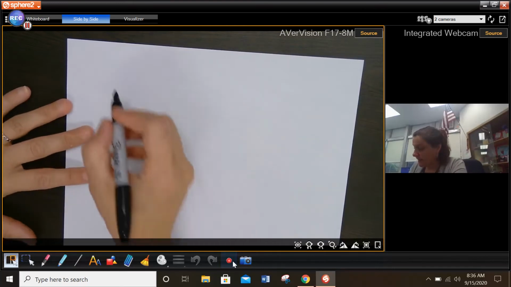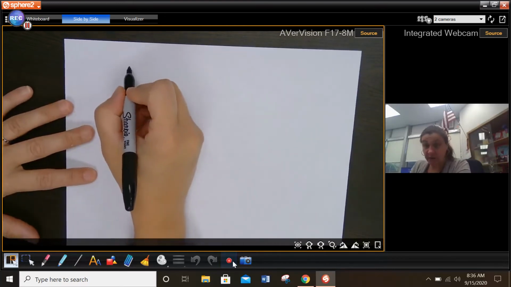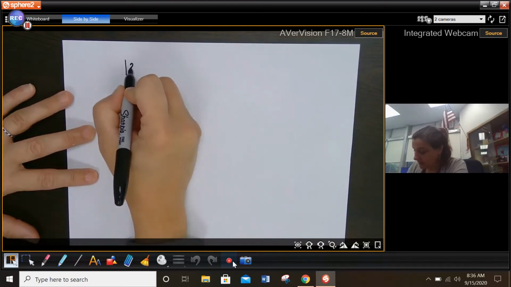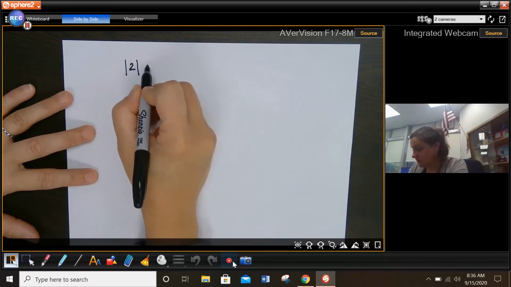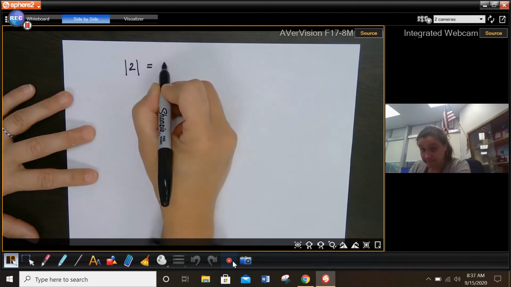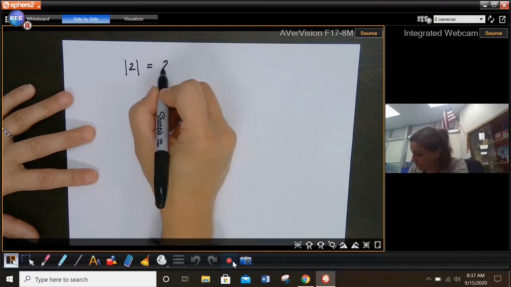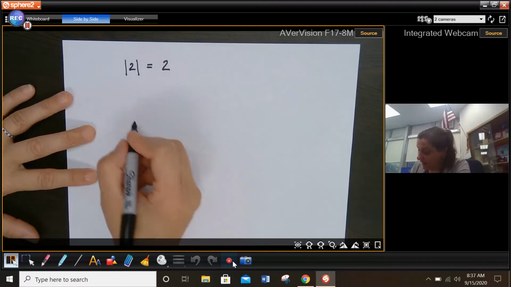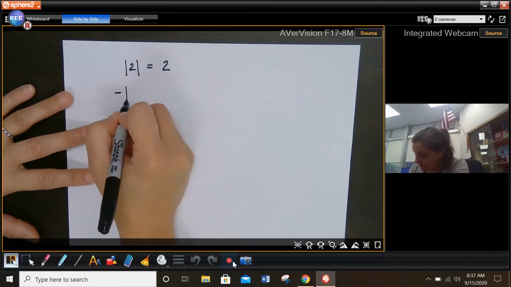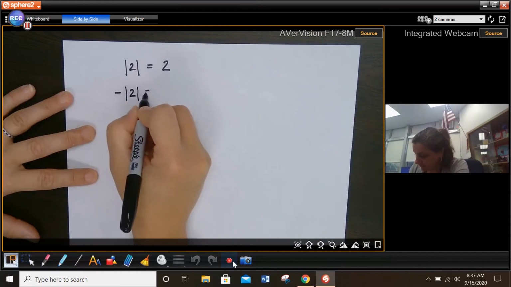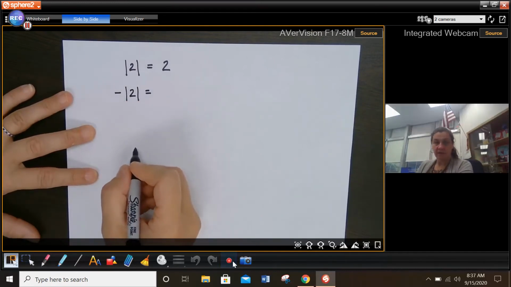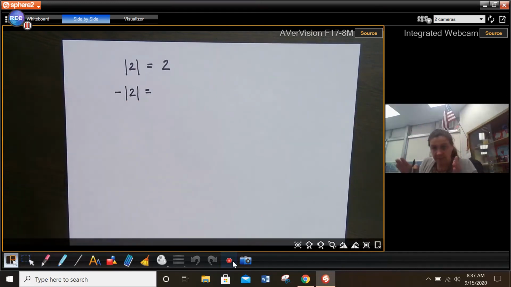So let's say we're going back just to regular old absolute value for a second. The absolute value of 2 would be, right, 2. But let's say I add this to the situation. All right, we got to almost think of the absolute value signs as parentheses in the order of operation.